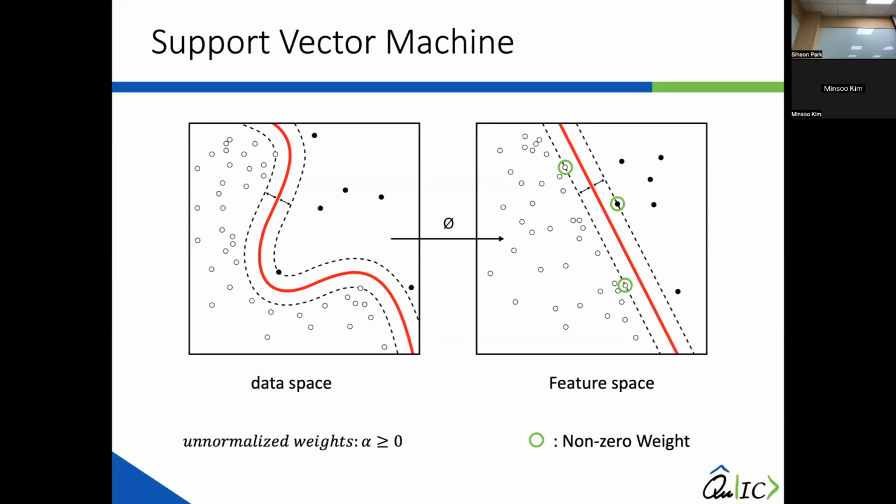The data vectors that support this plane are called supervectors, and as I will discuss later, the weight given to these supervectors is non-zero, and the weight for everything else becomes 0.